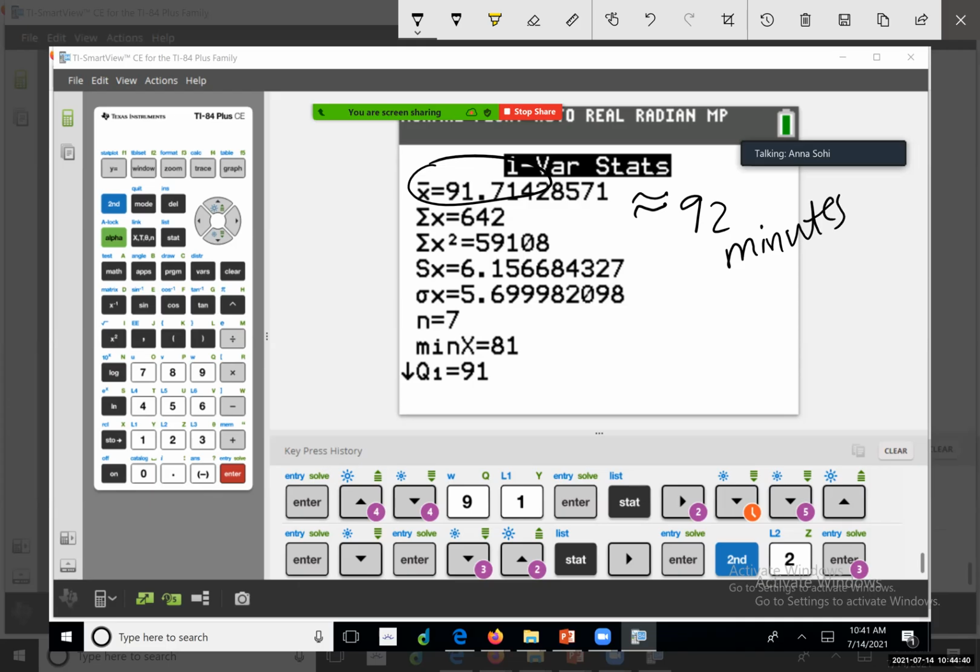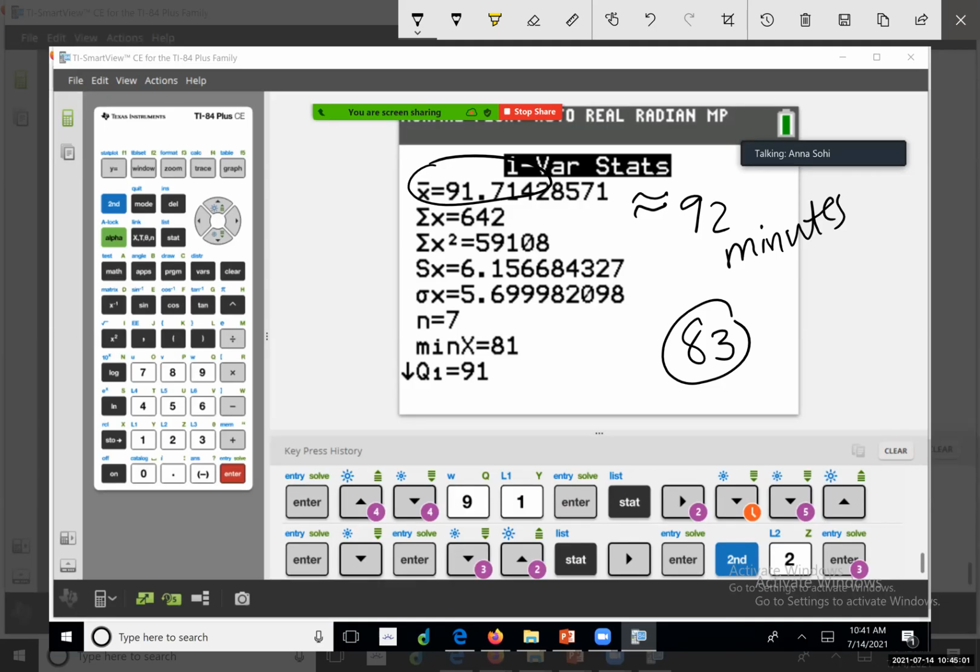Okay. Any question? And it says, is that close to 83? I mean, it's 9 minutes away, so it's fairly close, but not very. So just write down your judgment there. Okay, any question?